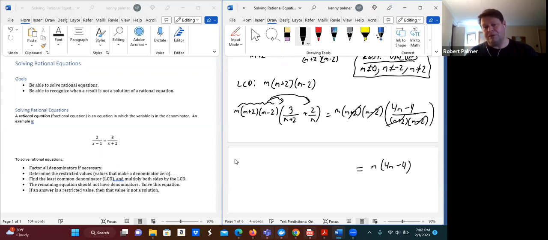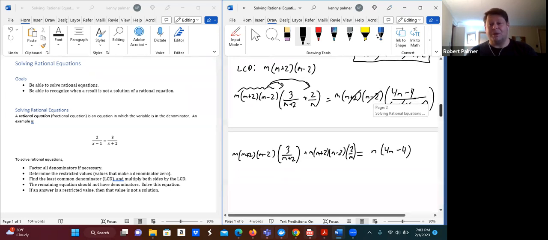So m times m plus 2 times m minus 2 times the first fraction, 3 over m plus 2, then plus the same thing, m times m plus 2 times m minus 2 times 2 over m. Almost ran out of space.